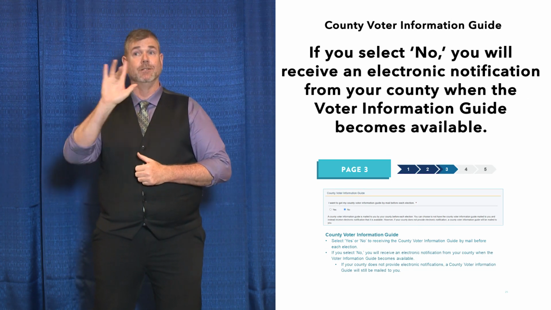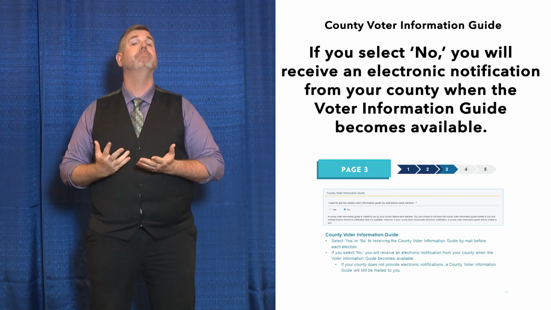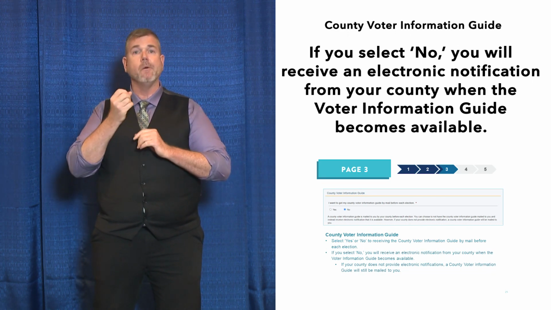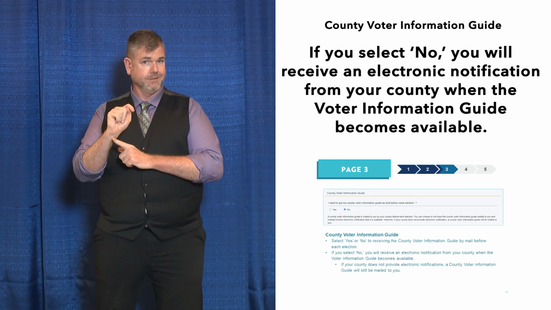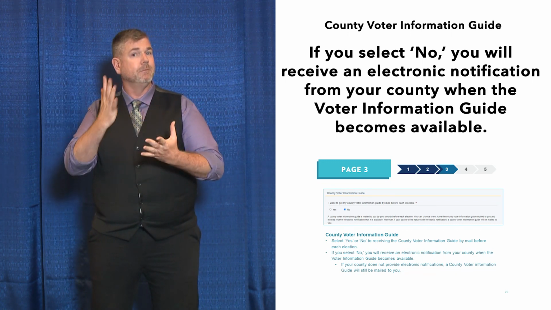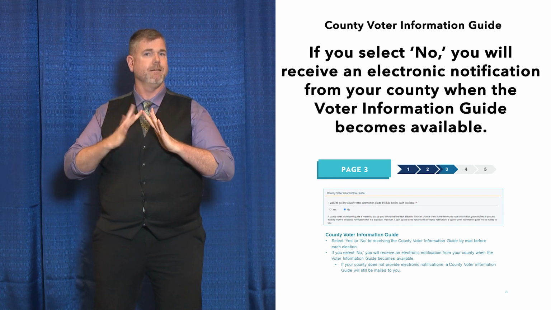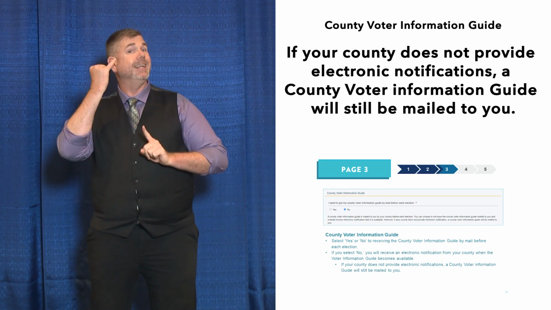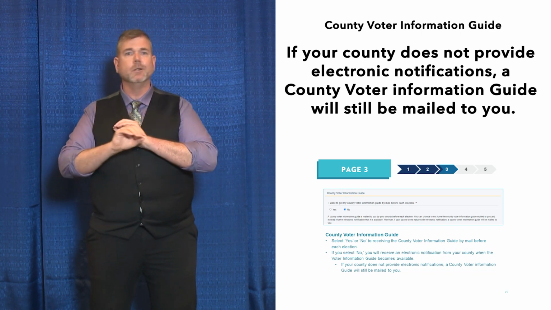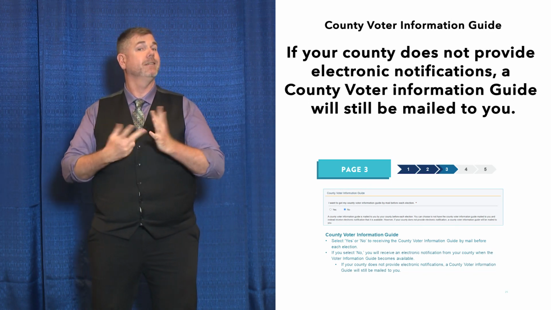If you select No, you will receive an electronic notification from your county when the Voter Information Guide becomes available. If your county does not provide electronic notifications, a County Voter Information Guide will still be mailed to you.